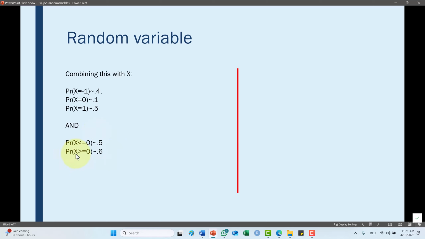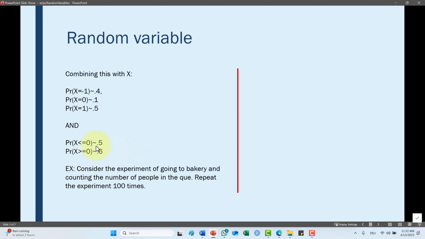Likewise, the probability of X bigger or equal to 0 includes these two events, X equals 0 and X equals 1. When we add the probability of the two, we get 60%. That is the probability that you get either no reward or a plus point. At 60%, the probability that you get no rewards or a negative reward is 50%. These are namely secondary events.